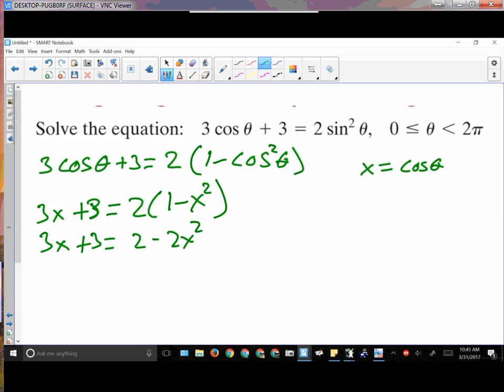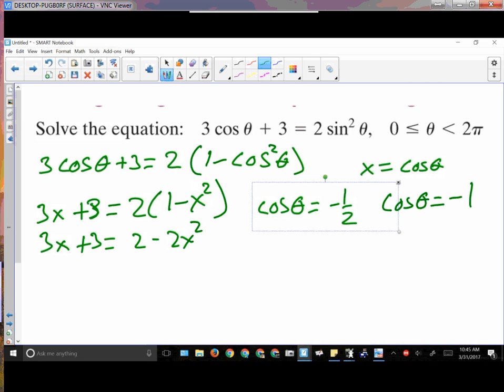Do I need to go through and do the rest of the quadratic solving? You guys are pretty good at that, right? So suffice it to say, it works out to this. Cosine of theta is equal to negative 1/2, and cosine of theta is equal to negative 1.